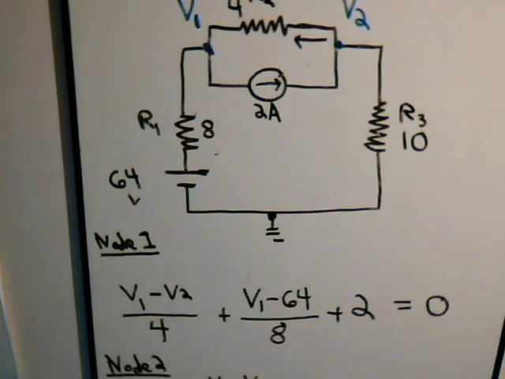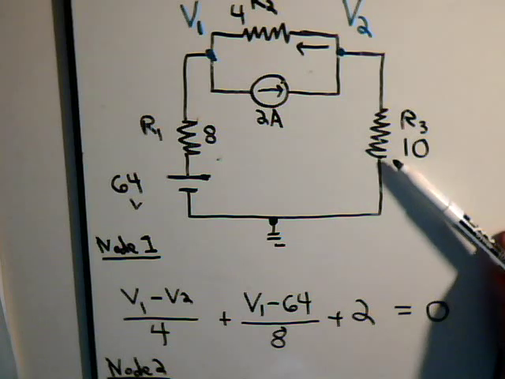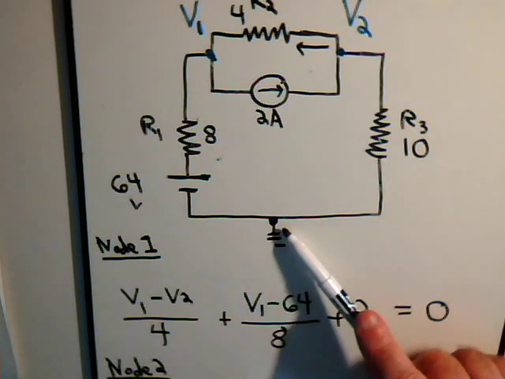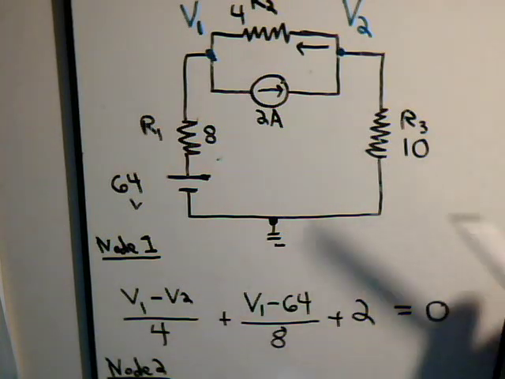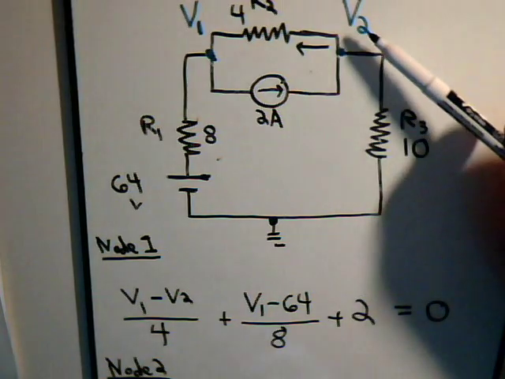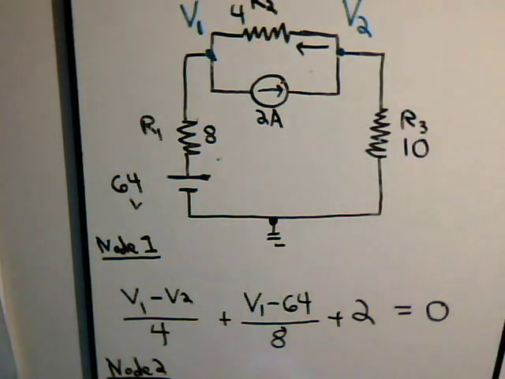Okay, and now we have this resistor. This is at 0 potential, so the current through this resistor is just going to be V2 divided by 10.